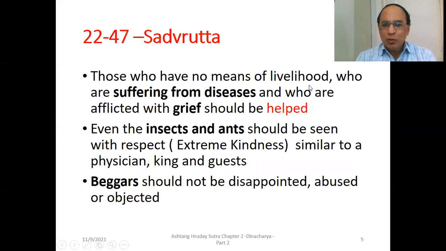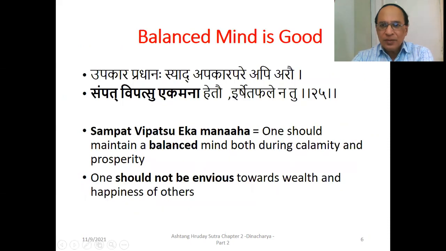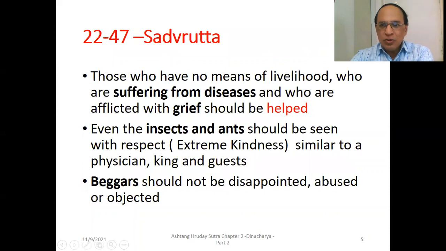Those who have no means of livelihood, I'm sorry, I will go back again. Those who don't have sources of income, who are suffering from diseases, and who are afflicted with grief, anxiety, and tension, should always be given help. You may give this help as physical help, psychological support, or economic support, but Vagbhat is saying that you should be kind enough. A sympathetic approach towards society is very important.